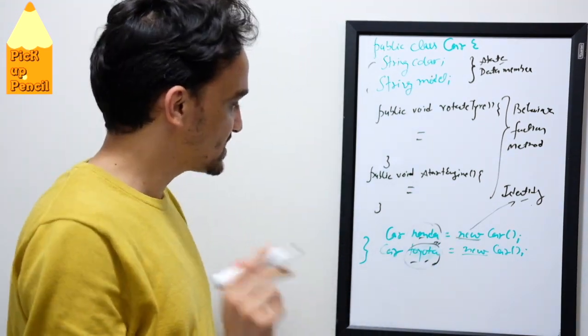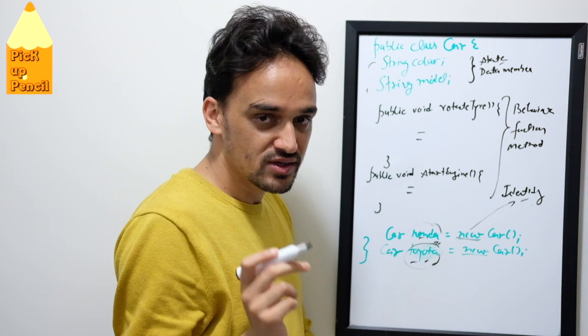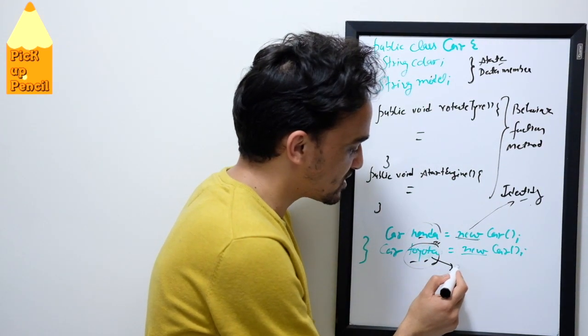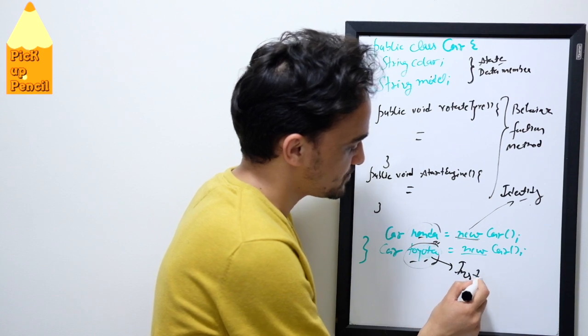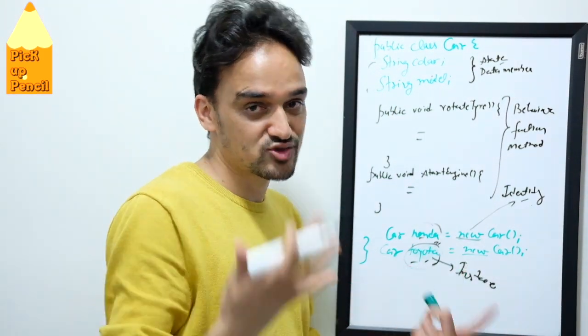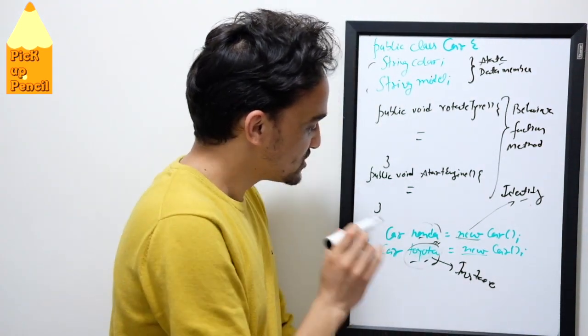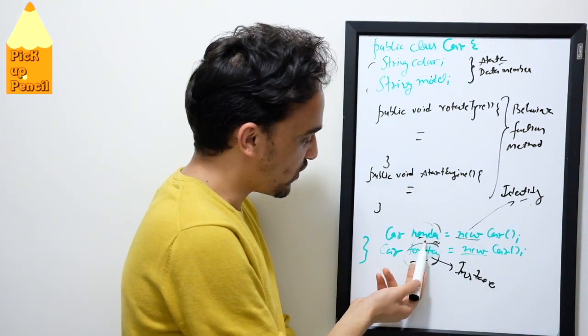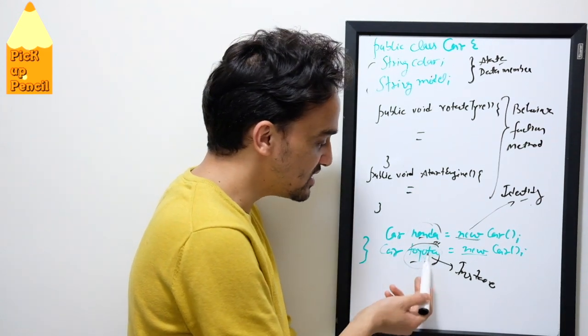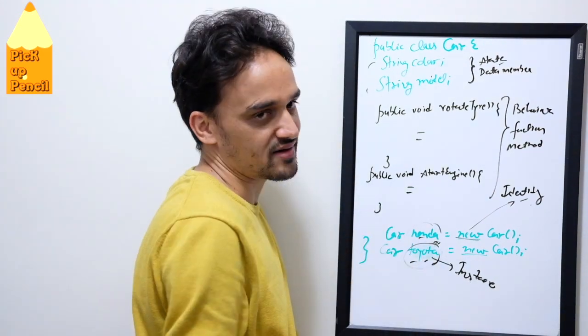That is one. The second thing I would like to let you know is that objects are also referred to as instances. So remember, all these are different terminologies, but they are actually the same thing. As I say, Honda is an object of car, like Toyota is an object of car. Similarly, Honda is an instance of car.